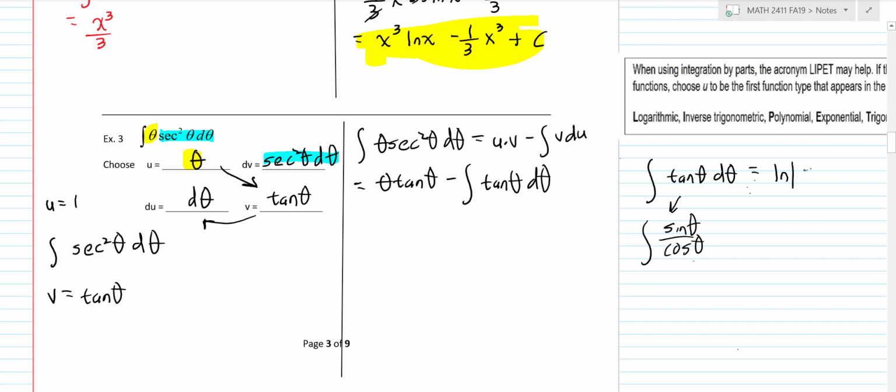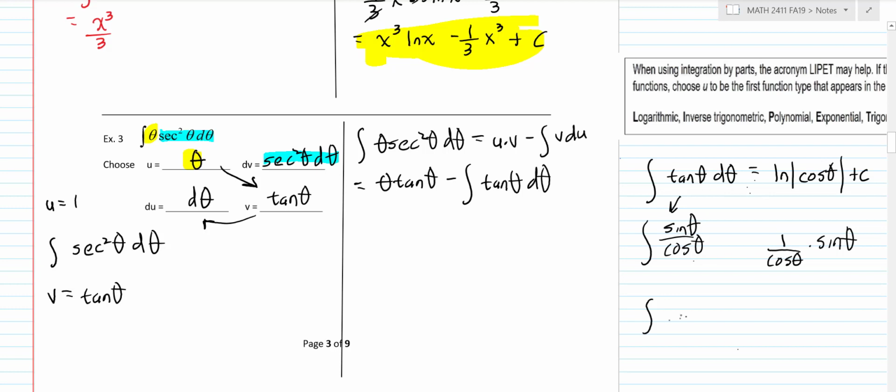So if you just put in ln of cosine theta, well, okay, what would be the derivative of ln of cosine theta? The derivative of ln of cosine theta is just 1 over the function times the derivative of the function. So the derivative of cosine theta is sine theta. So see, that's it. I mean, that's how I remember that formula as I do that then. So you don't really have to do U substitution. You want to just try to reason that out in your head.